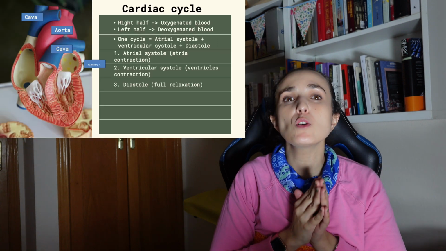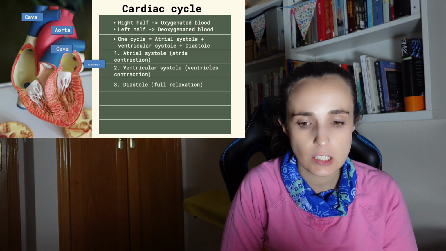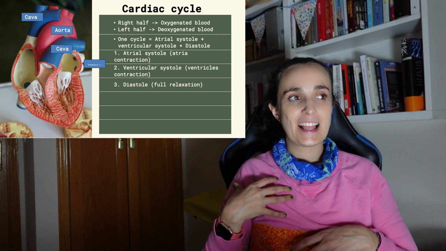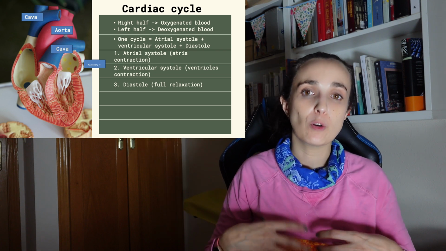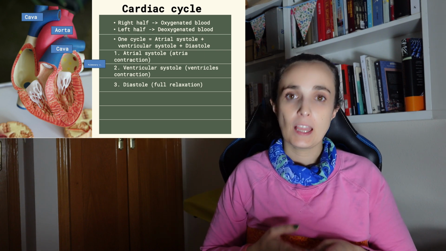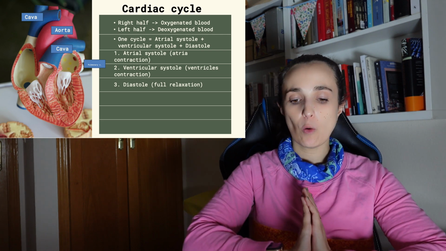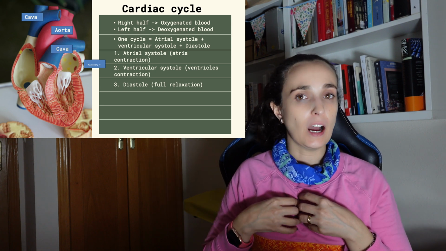Now let's talk about the physiology of the circulatory system. The most important thing in the physiology of the circulatory system is the cardiac cycle. So it is the circuit, the pathway that the blood will follow around the body. Okay, so we will start our journey in the right atrium.